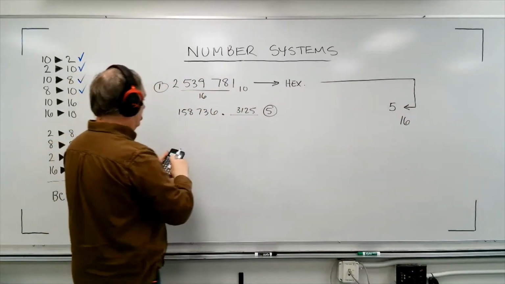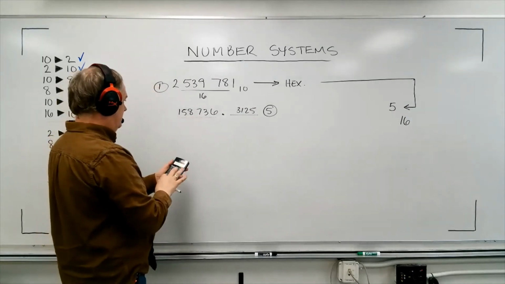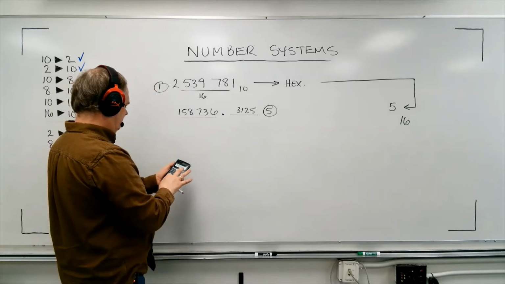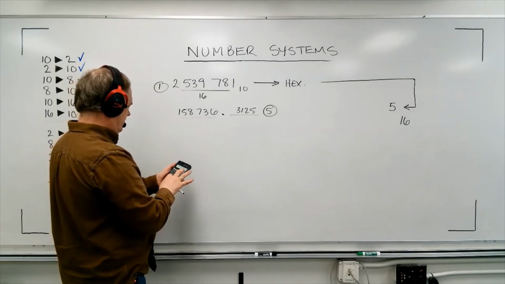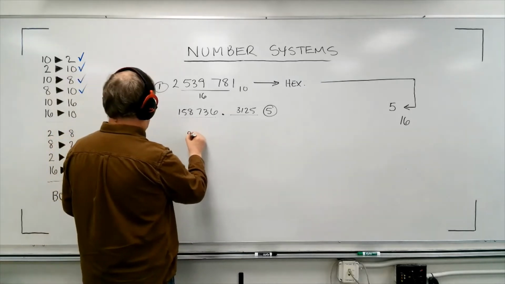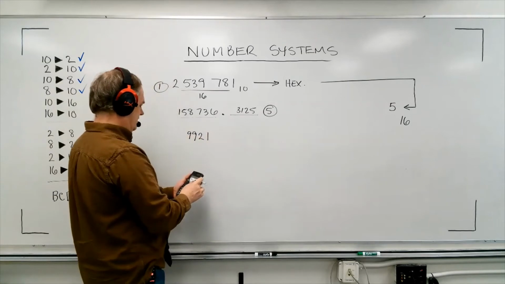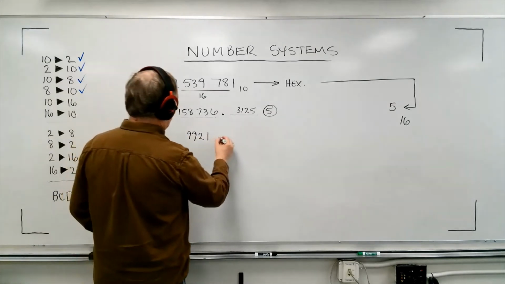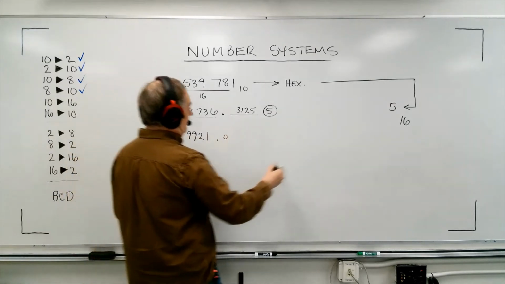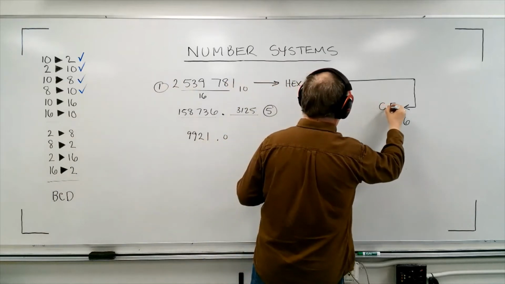Now I'm going to go over here. This is the number to divide now. 158,736 divide 16. This equals 9921. And that looks to me like that's a nice even division. So this is 0.0. So the actual next character here is going to be 0.